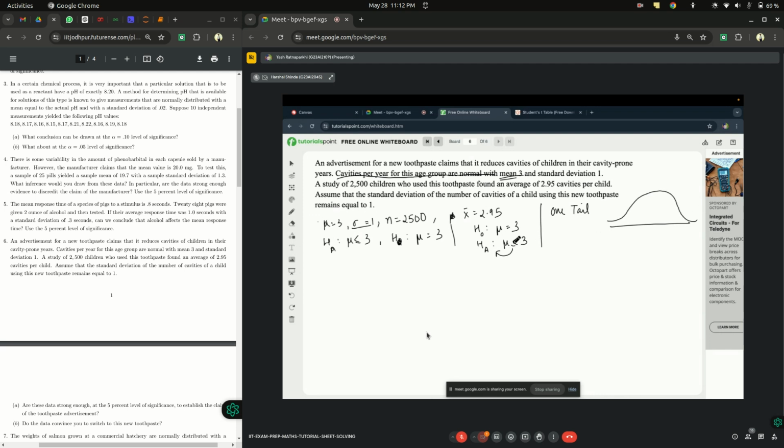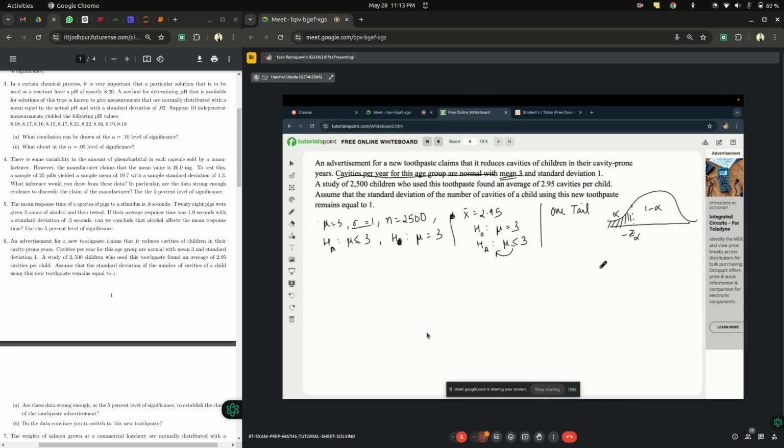Where will my mu go? Left side only, correct? That's why my rejection region will be here, and this will be minus Z alpha.